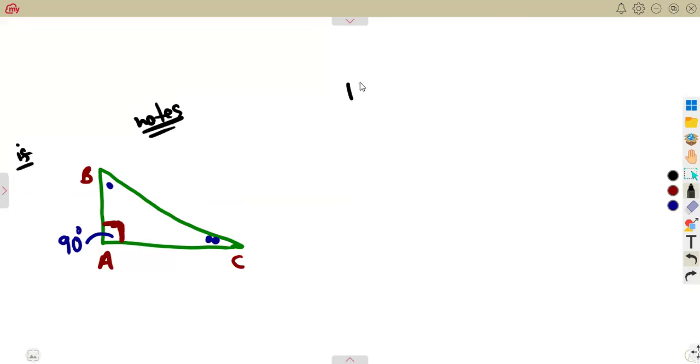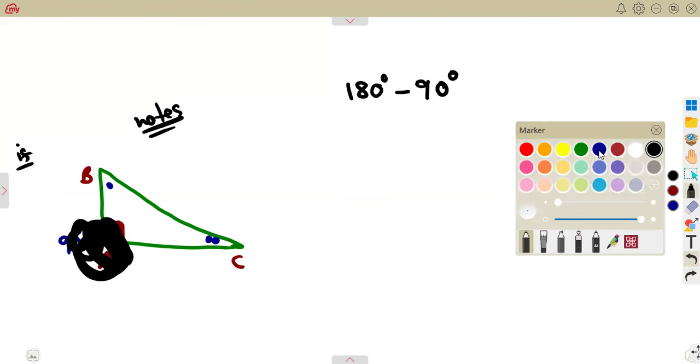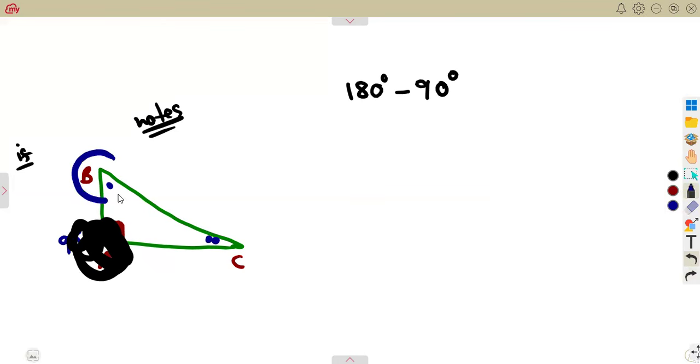And the angles in a triangle add up to 180 degrees. Let's remove this 90 degrees here. From 180, we subtract the 90 degrees. If we remove this, what is remaining? You have removed this from your triangle. You are remaining with the B and C.